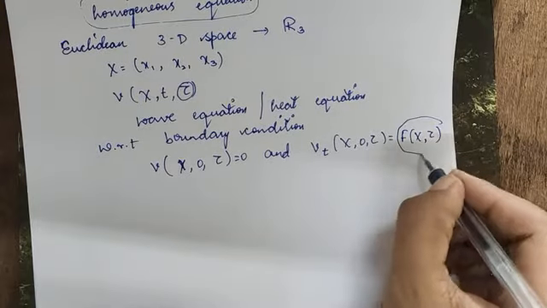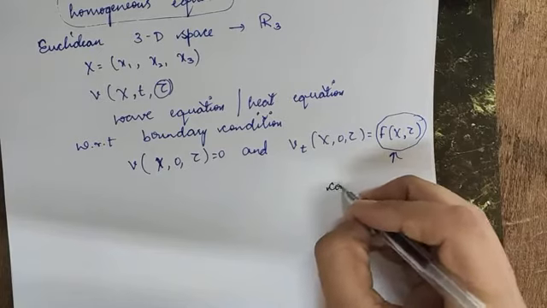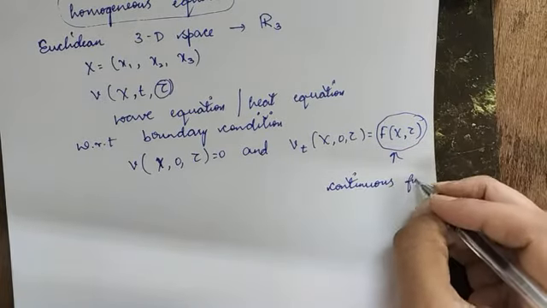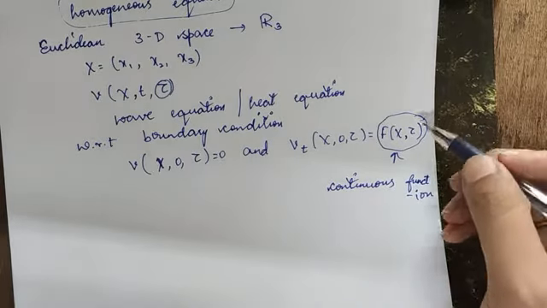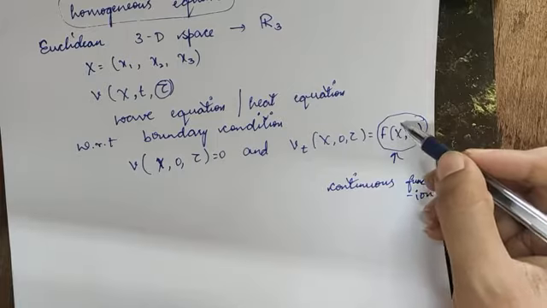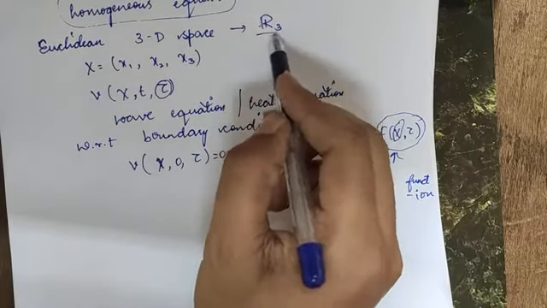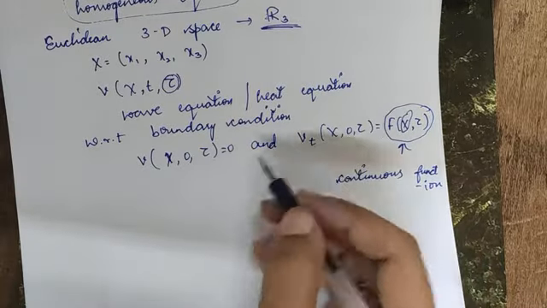This f of x comma tau represents a continuous function which is defined for x in R3 space, and this is defining for v.